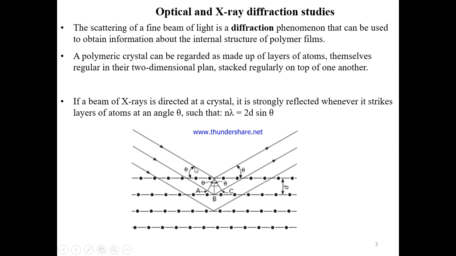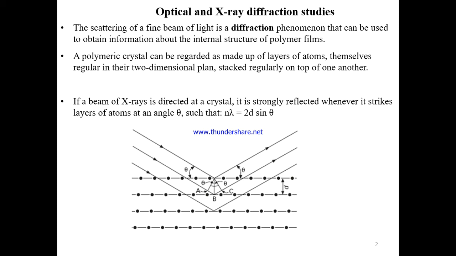When the beam of X-ray is incident on the crystal, there will be a reflection of the X-ray beam as shown here. If the incident angle is theta, then the reflection angle also will be theta. This phenomenon is obeyed by Bragg's law, n lambda equals 2d sine theta, which you have already studied in your school classes or in the first year of BTech engineering.